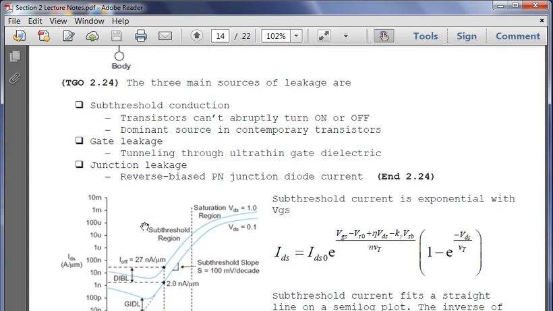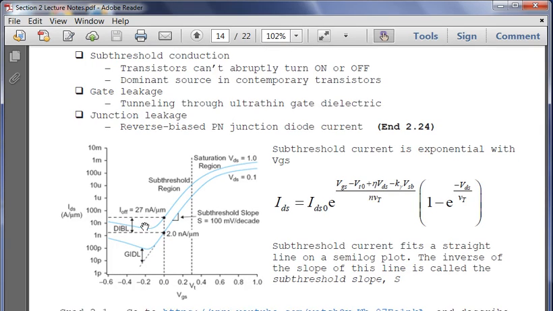And so again, we have this chart up here where we're talking about the subthreshold region. We have subthreshold current, and we are worrying about this current fitting on a straight line on a semi-log plot, and this is calculated.